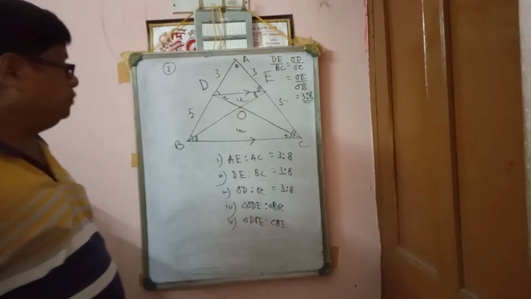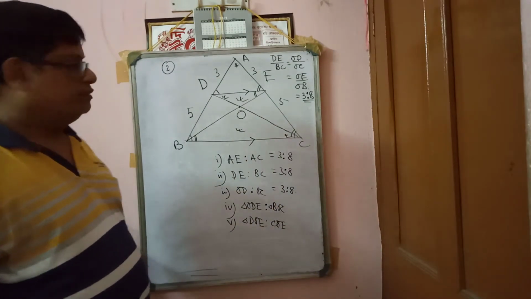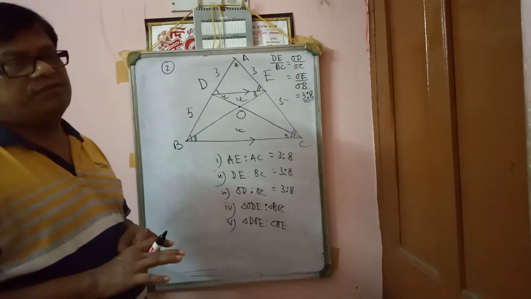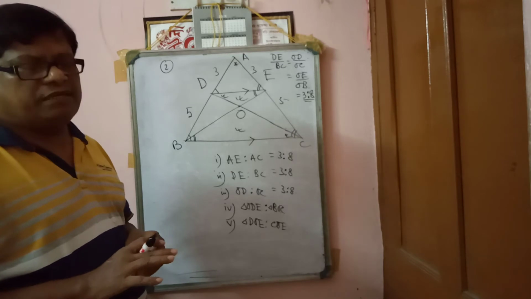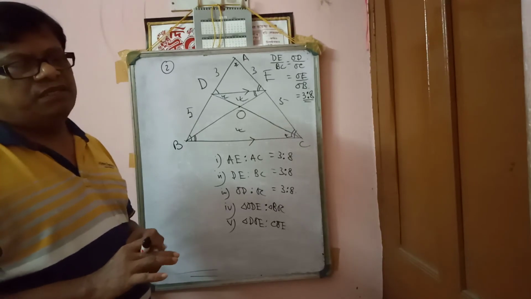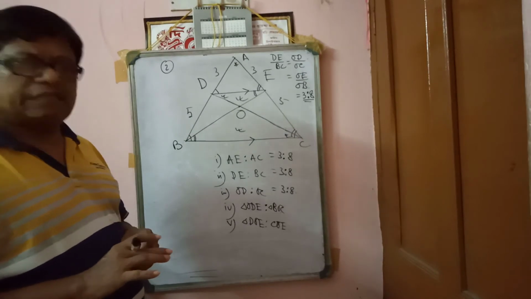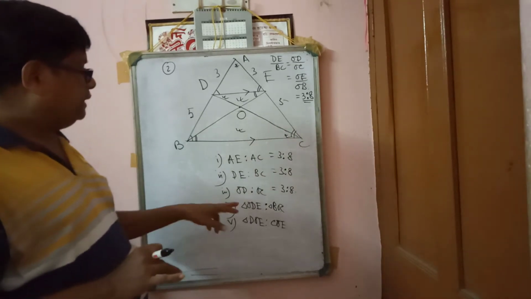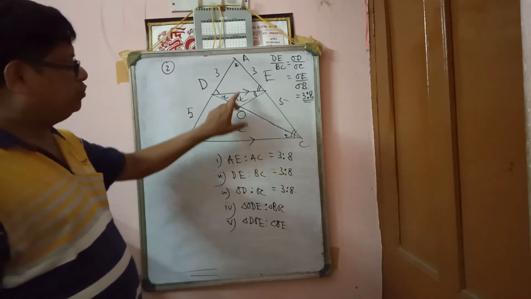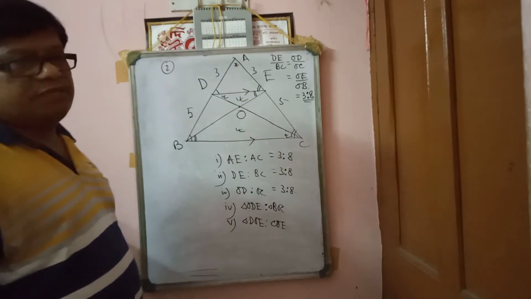Now triangles ODE and BOC are similar, and the ratio of the areas of similar triangles is always the square of the ratio of the sides. So we can write area of ODE to area of BOC equal to DE square by BC square.